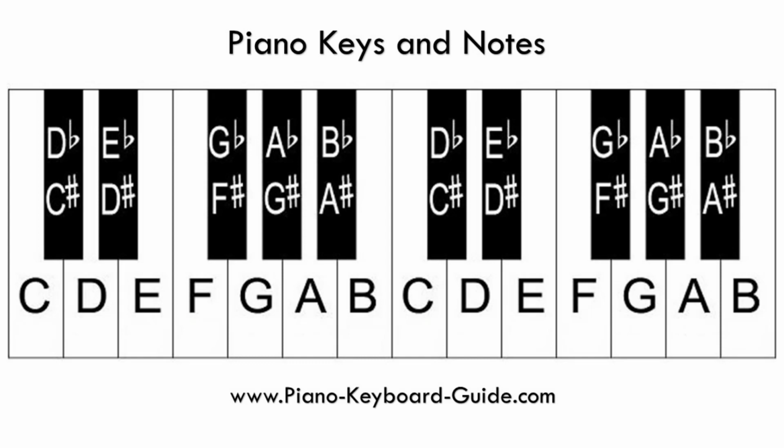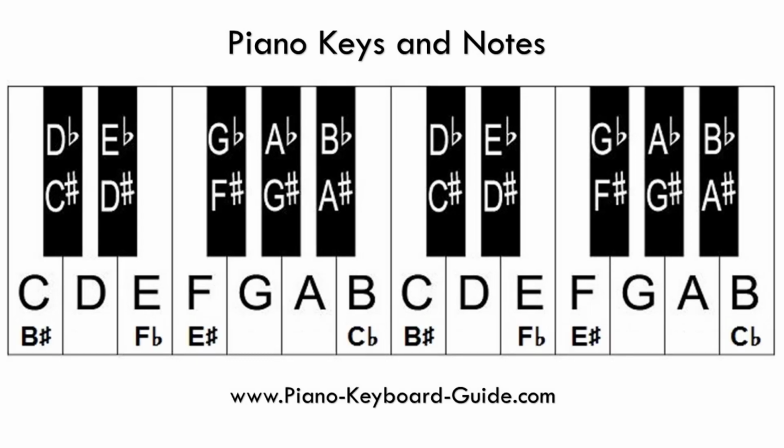What we've talked about so far is really a simplified approach to looking at piano notes. In reality, piano notes and piano keys are not the same. Each key of the piano can represent several notes. Strictly speaking, piano keys don't really have names.